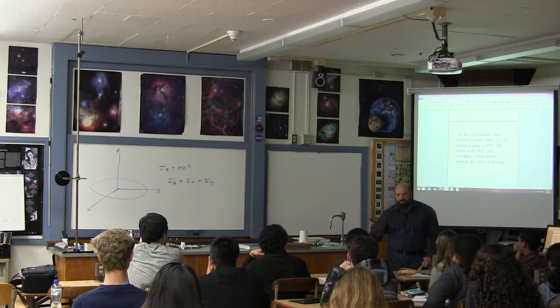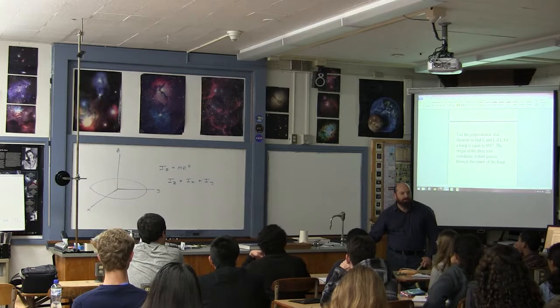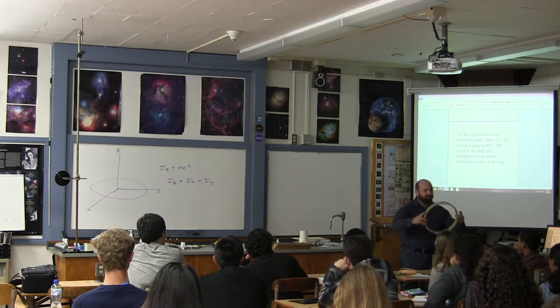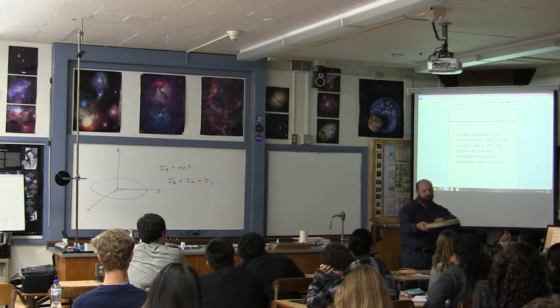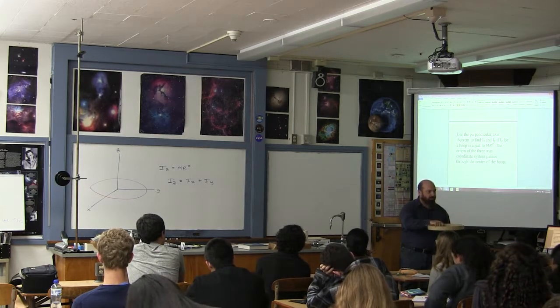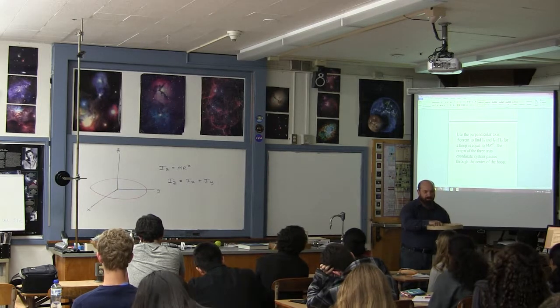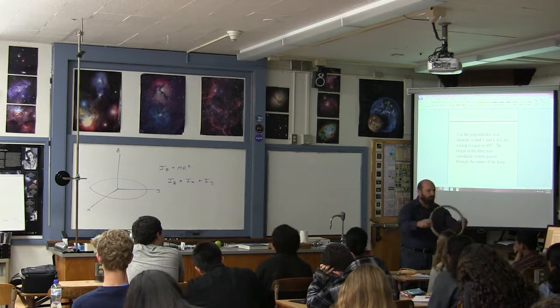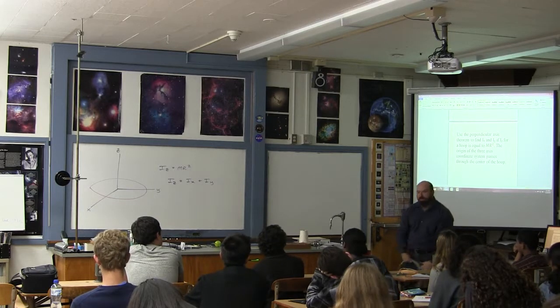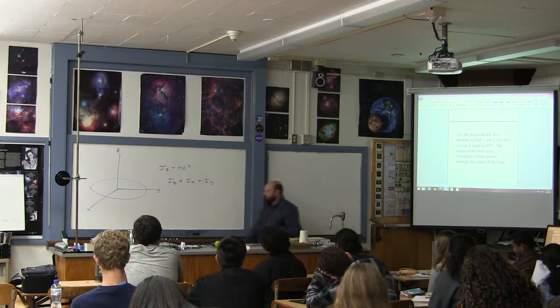I'm sorry? It's 1/2 mr squared. The reason for that is because they're the same thing by symmetry. This is exactly the same as this. So if the sum of the two is mr squared and they're both the same thing, then this is 1/2 mr squared and this is 1/2 mr squared. Very good.